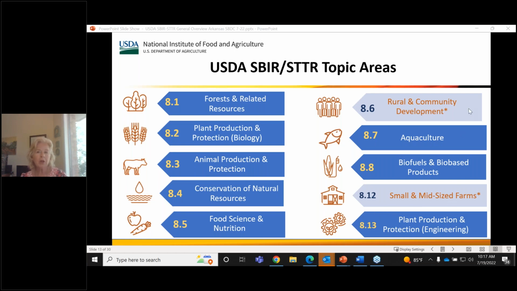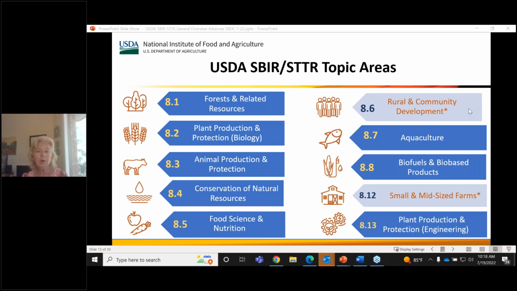These are colored differently and have a little asterisk there for a couple reasons. These are the 2 that are funded at $125,000 for phase 1. They're still funded along with the other 8 topic areas at $600,000 for phase 2.